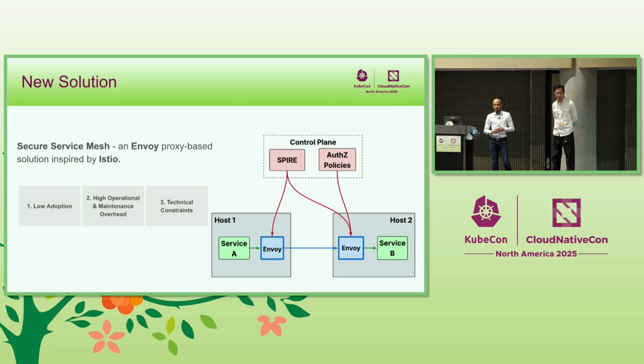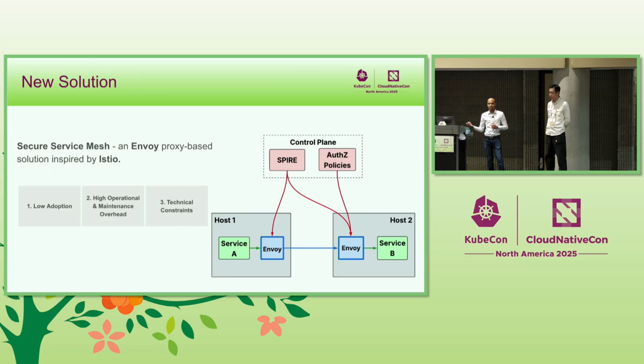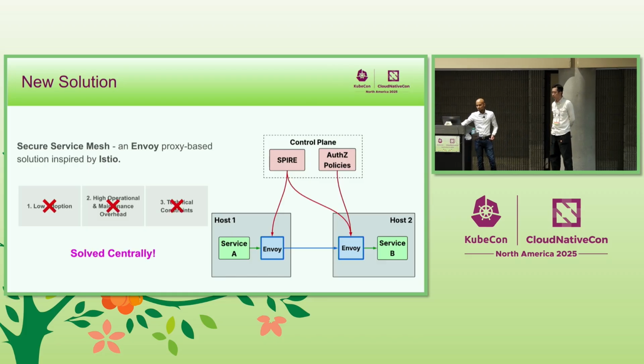So it is easy for us to have any fixes, security upgrades, and so on. The third one, around technical constraints: since we operate at the network layer, there's no need to go ahead and change any of the open source systems. So in effect, we actually solve these three problems centrally without asking any of the rest of the company to do any work.